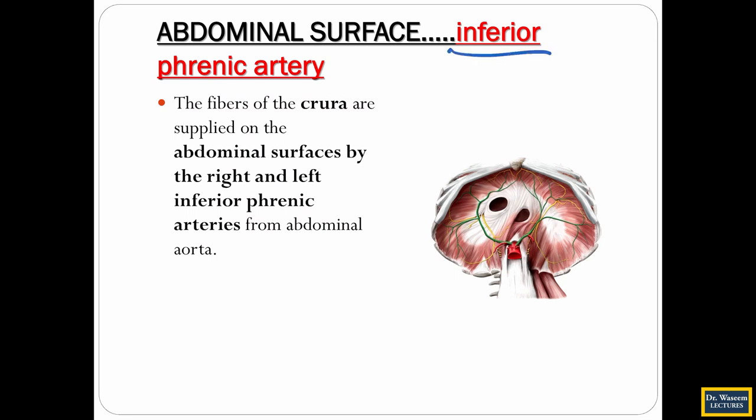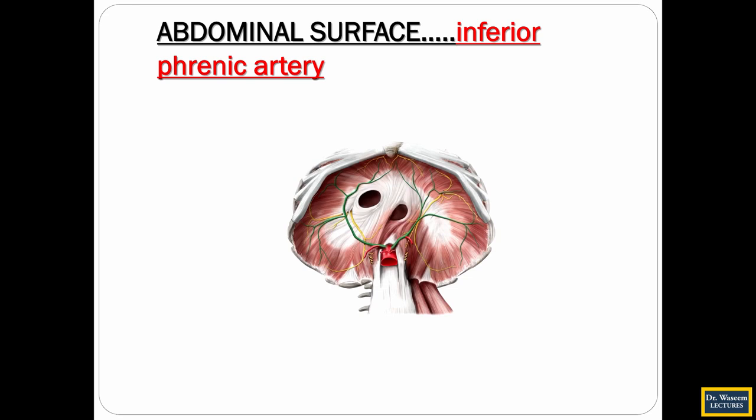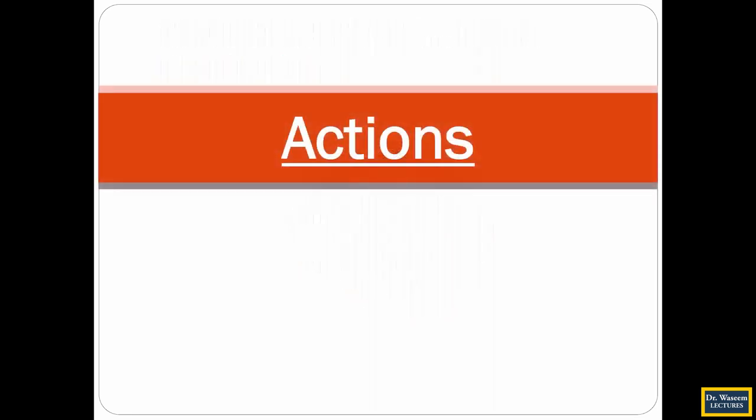The inferior phrenic is also the third source. Once your aorta enters the abdomen through the aortic orifice, the first branch that it gives passes under the abdominal surface of your diaphragm. This green color shown here is the inferior phrenic artery. This is the third source of supply here.